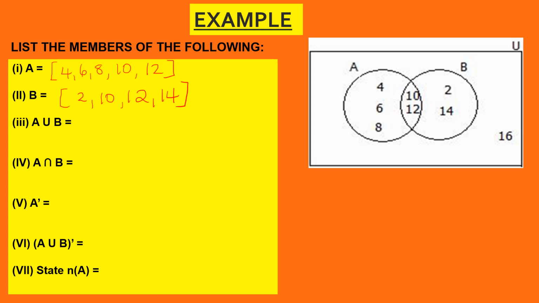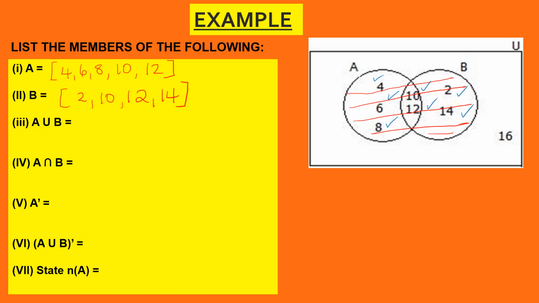And we're going to go to 3. A union B. Let me just show it visually first. And that is here, everything in A and B. So that would be, use a different color, 4, 6, 8, 10, 12, 2, 14.